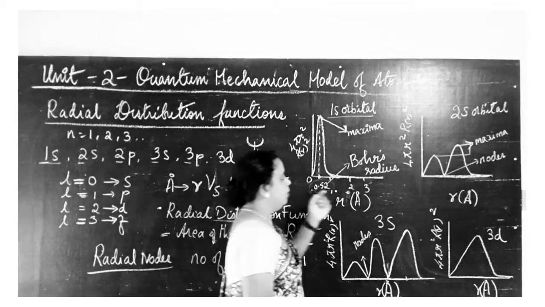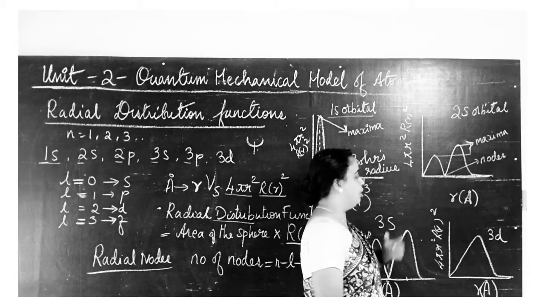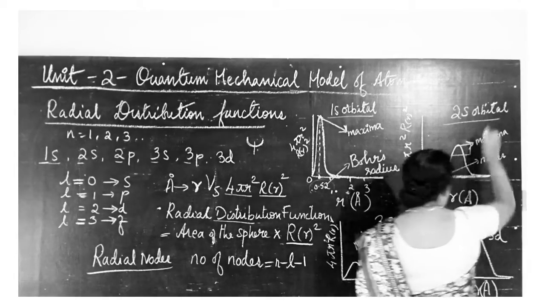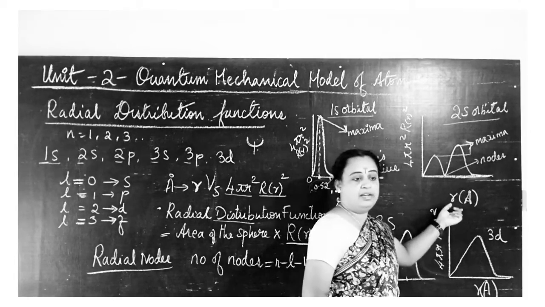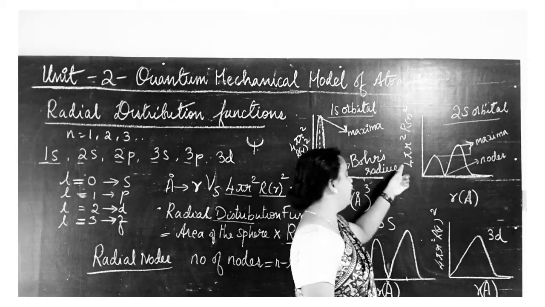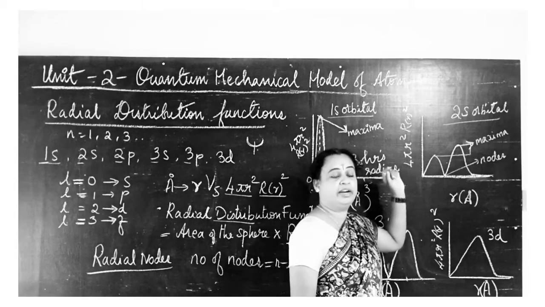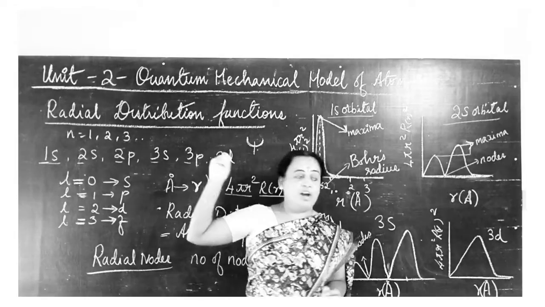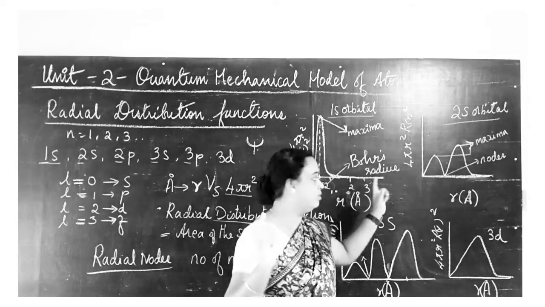Now let us look into the 2s orbital. In the 2s orbital also we take radius in Angstrom units as the x-axis and 4 pi r squared R squared, the radial distribution function, as the y-axis.